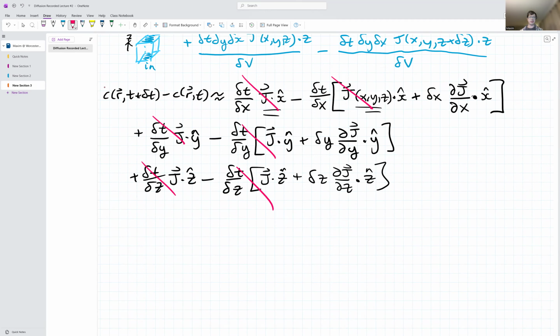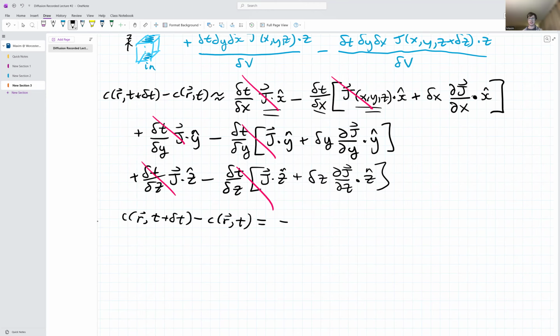So we're left with C, the concentration at some location at a little time later, minus the initial concentration, is equal to minus, and we'll see what happens here.